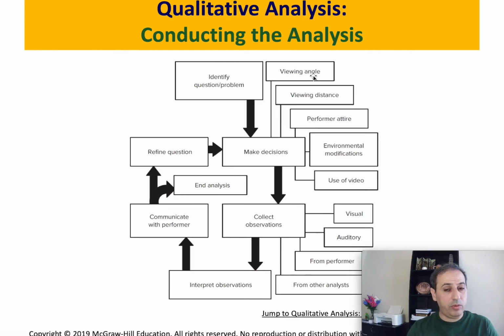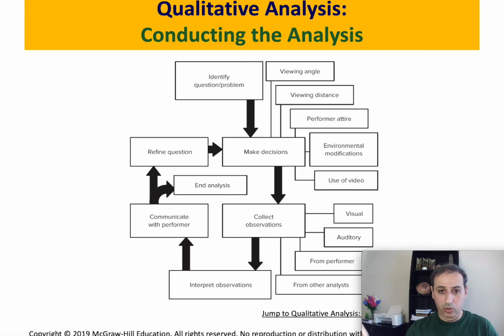Again, this is quantitative, so they're mixing it. I like to call it a hybrid system. Then they consider the viewing distances, the performer attire, all these conditions that we talked about, environmental modification, the use of videos. You add all of these, and then you make a decision, which means saying that you need to modify your training exercise to get better, or that what you're doing is making you weaker or slower.